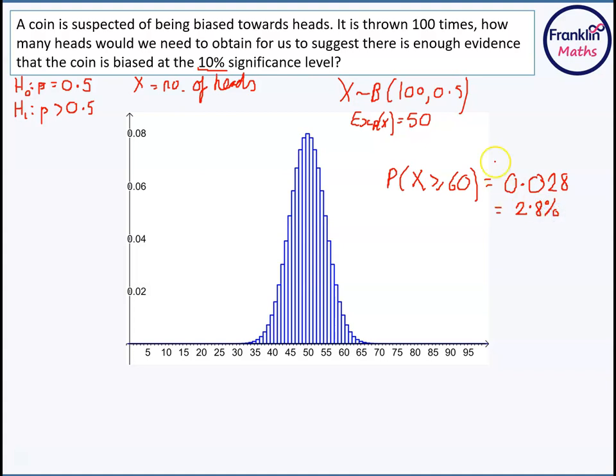Which is good, because it is in the region where we would reject H0, but it's not the number we would use. So let's bring this down and try 55.